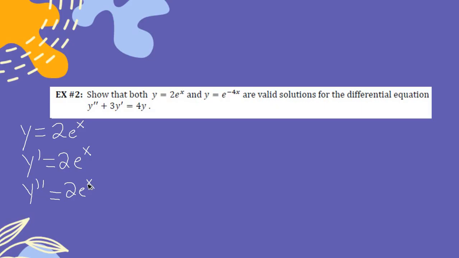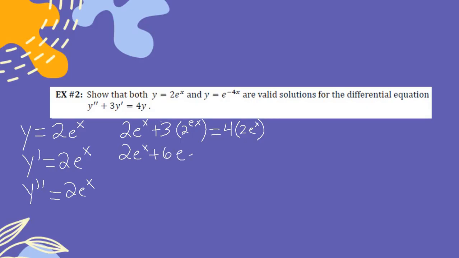But then we're just verifying. So when I plug into this equation, I have 2e to the x plus 3 times 2e to the x needs to equal 4 times 2e to the x. So 3 times 2 gives us 6.